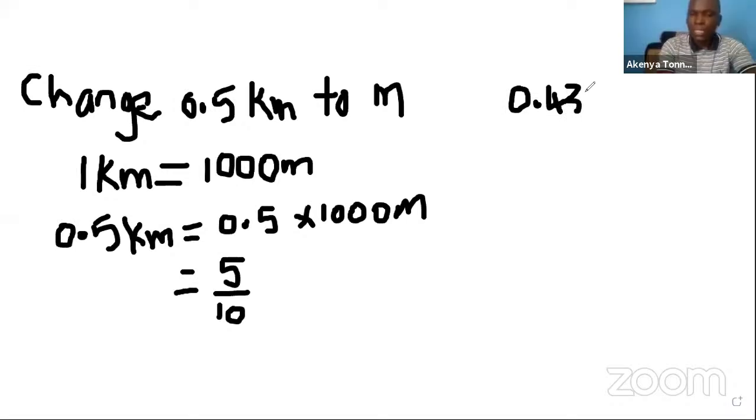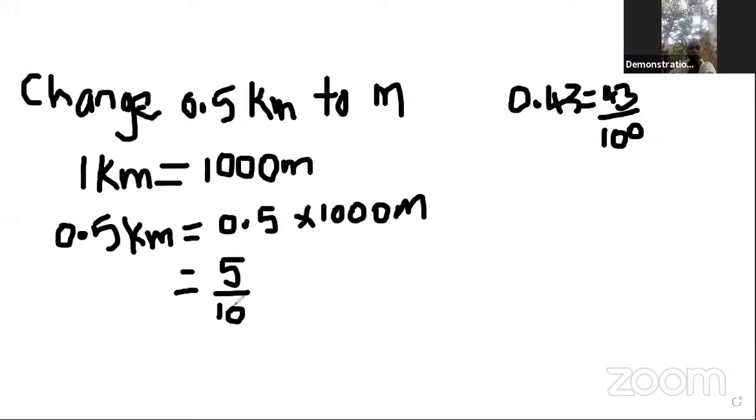So if there are 2 decimal places, the number of 0s in the denominator should be 2. So this one will be 43 out of 100. But this one will be 5 out of 10 because it has only 1 decimal place. So 0.5 becomes 5 out of 10.